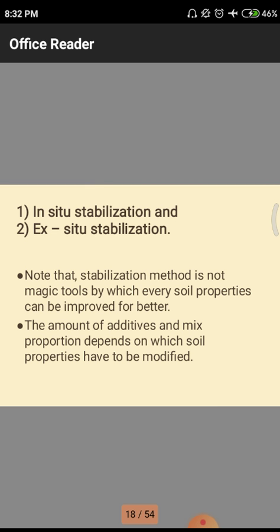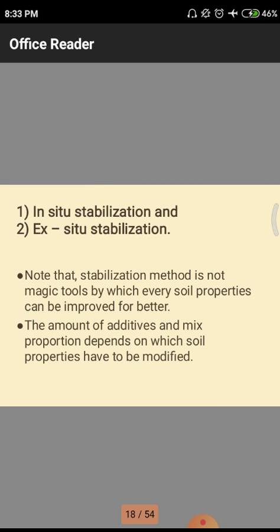Next, the amount of additives and mixed proportions depend upon the soil properties that have to be modified. Modification here simply means we are making an adjustment in the form of adding additives. We add some quantity of additives, that is, external soil agents, to mix with the soil depending upon the parameters.